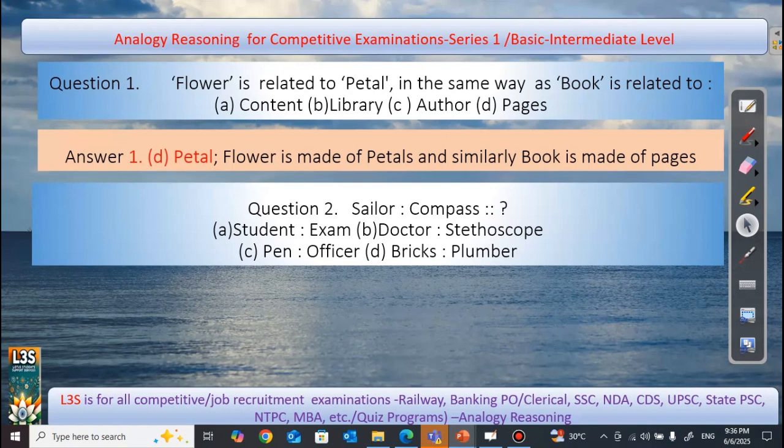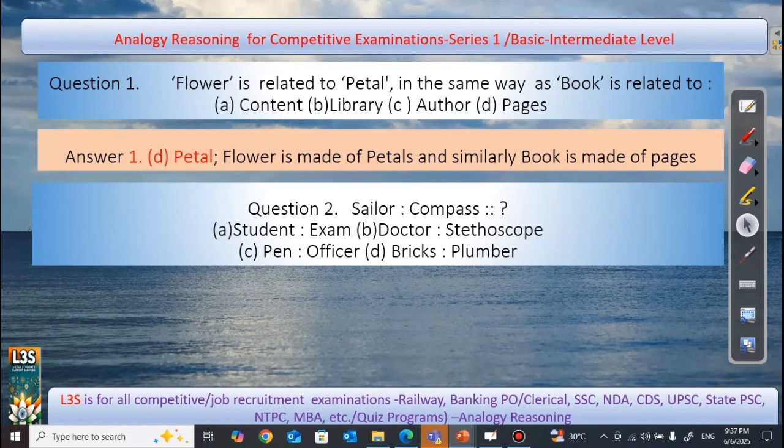Next, question 2. Sailor is to compass. Then student is, which one is correct here? Student is to exam. Doctor is to stethoscope. Pen is to officer. Brick is to plumber. A sailor uses a compass to find the direction. Similarly, student is to exam. Is it correct? No. Pen, officer. Pen is used by an officer, but it is in reverse.